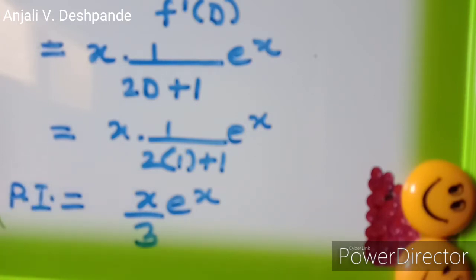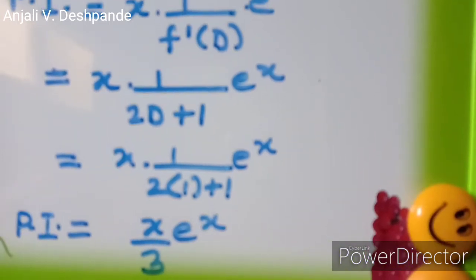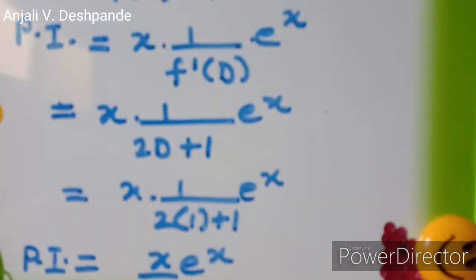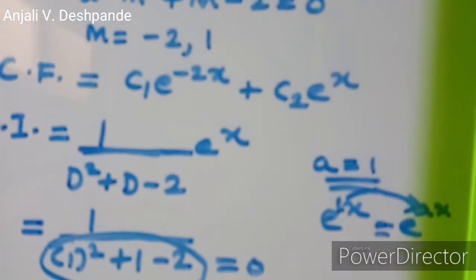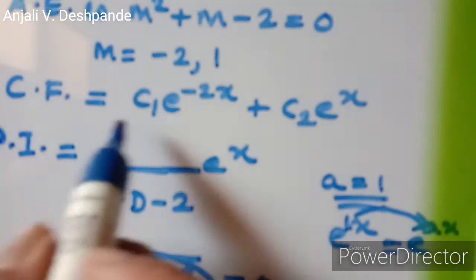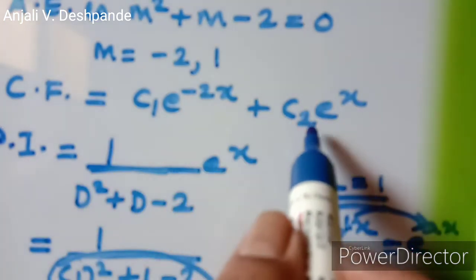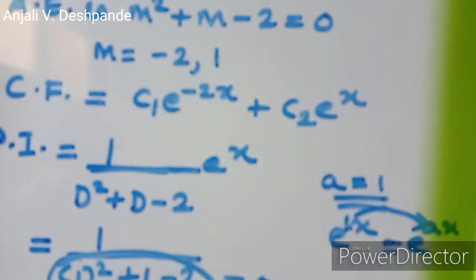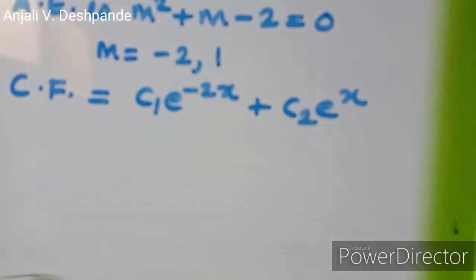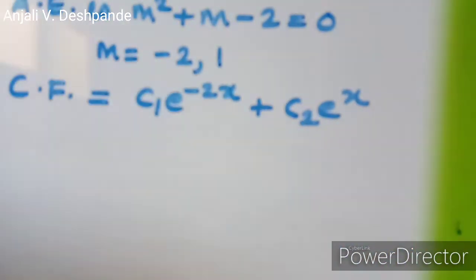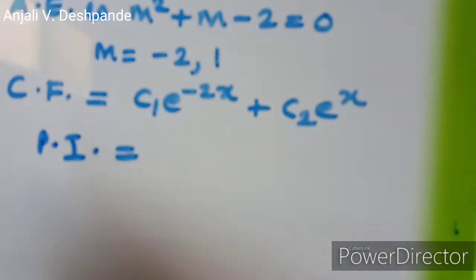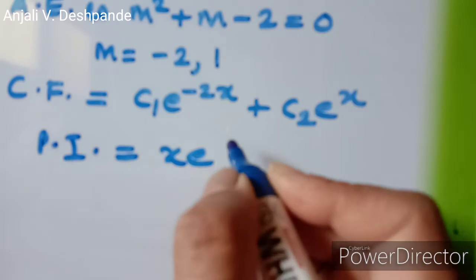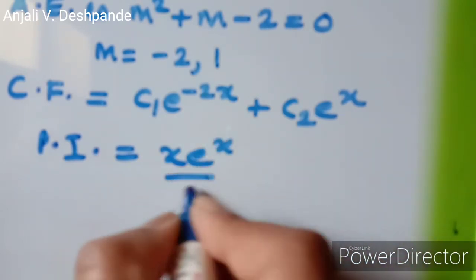When you add the CF and the PI, you will write the general solution of the given differential equation. Here we have got the CF, that was C1 e raised to minus 2x plus C2 e raised to x, and now we have of course found out the PI as well. The PI which we obtained is x e raised to x divided by 3.